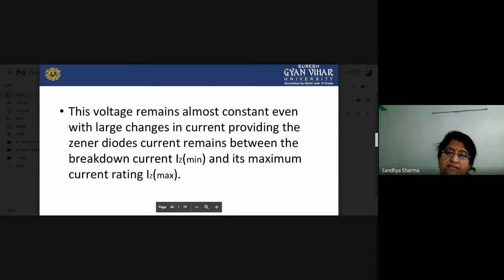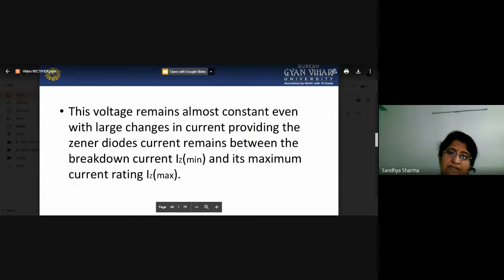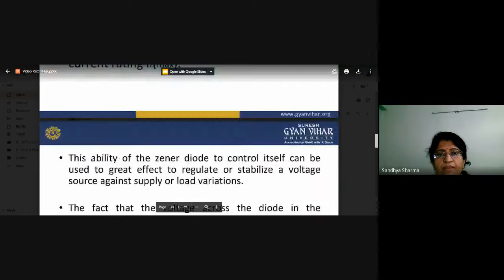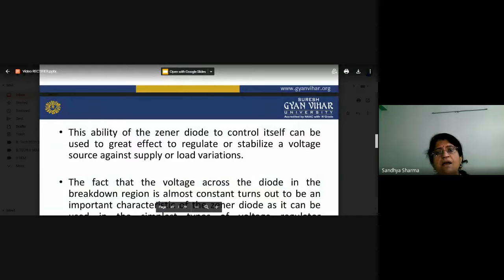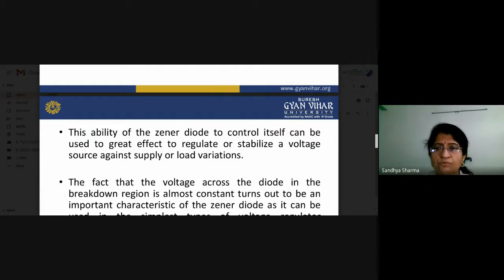This is why we can use the Zener diode as a voltage stabilizer. The ability of the Zener diode to control itself can be used to great effect to regulate or stabilize a voltage source. Means stabilize or regulate.